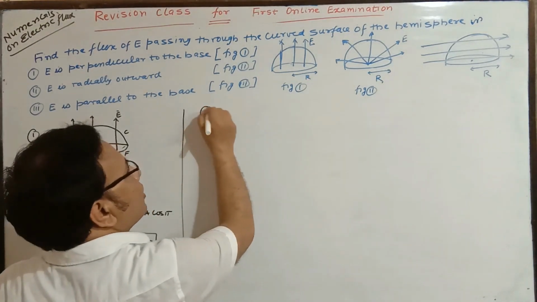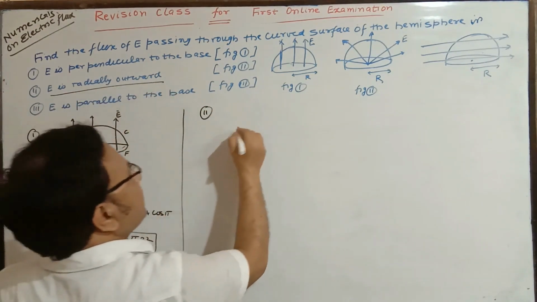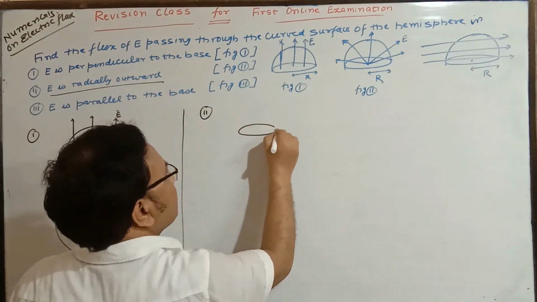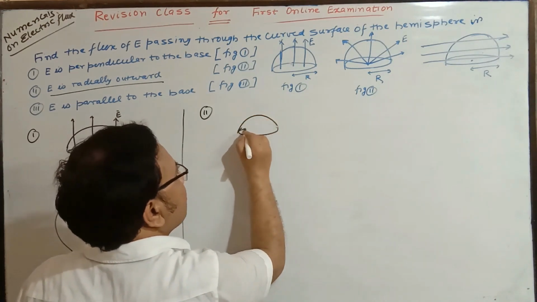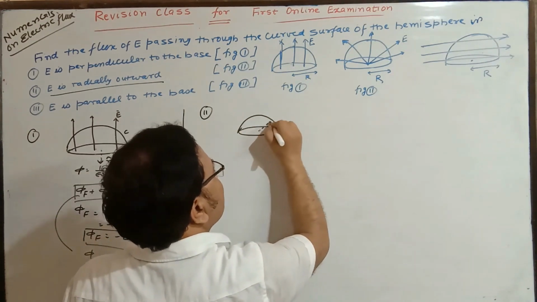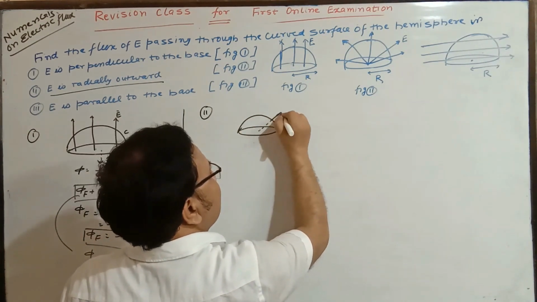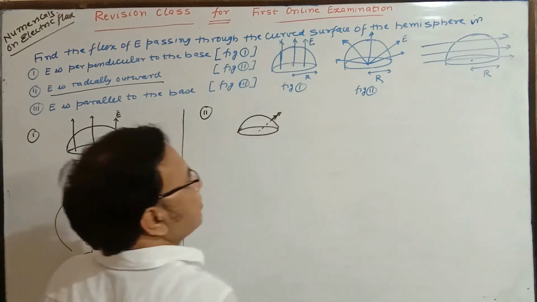Case 2. Here this E is radially outward. It means it is somewhat like this. Radially outward means it is along the radius, so the electric field is radially outward and the radius vector is also along the same line.